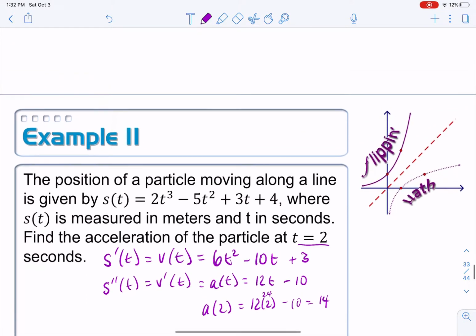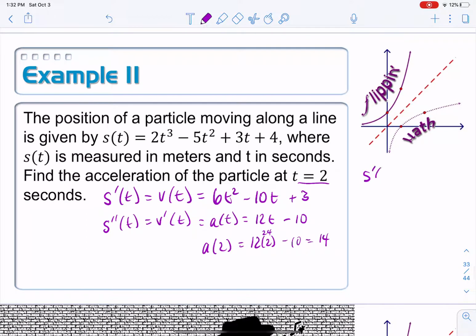When we take s prime of t, think of this as slope, where we have a change in y over a change in x. The y coordinates are s of t, which is measured in meters, so I have meters on top. On the bottom, the t values that are changing are in seconds. So meters per t, that's silly, meters per second.